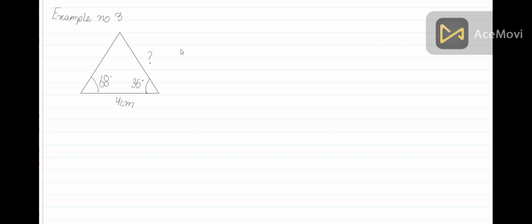In this we know we have to use the sine rule and find out the length.